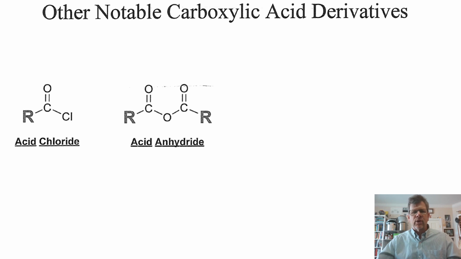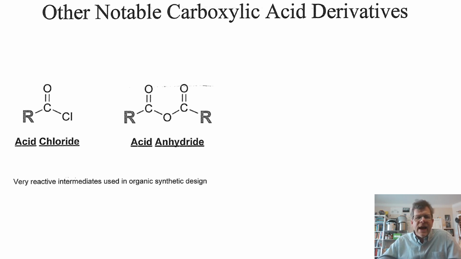Both the acid chloride and the acid anhydride are used frequently as reactive intermediates in organic synthetic design. Indeed, when we start looking at the synthesis of amides, another functional group, we will use one of these reactive intermediates in the formation of an amide. So these two are used typically in organic chemistry synthesis, and we see them occasionally.